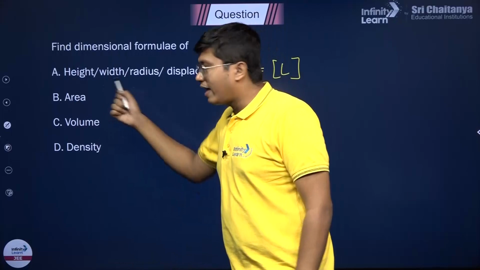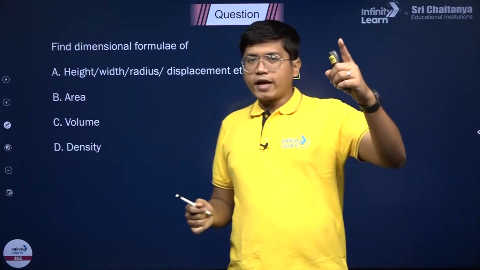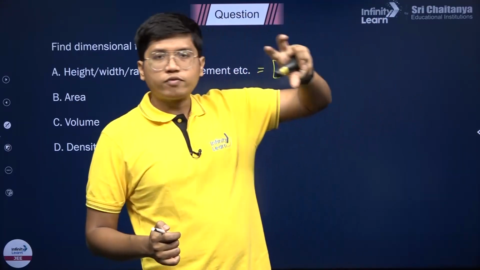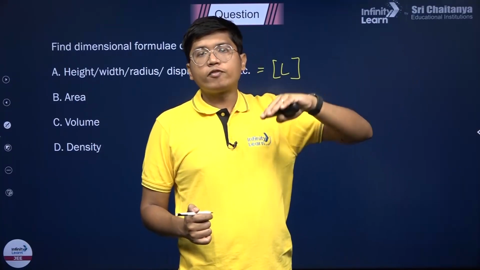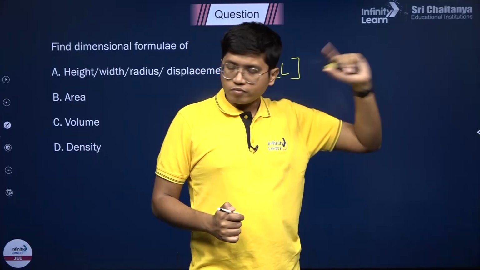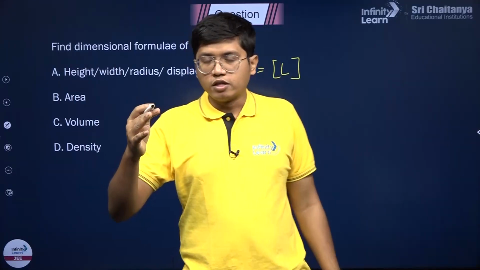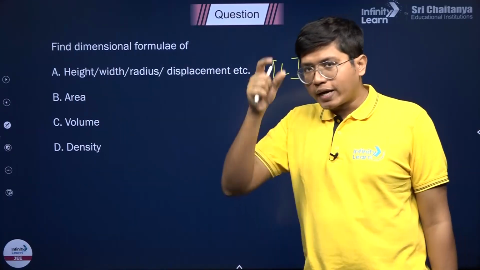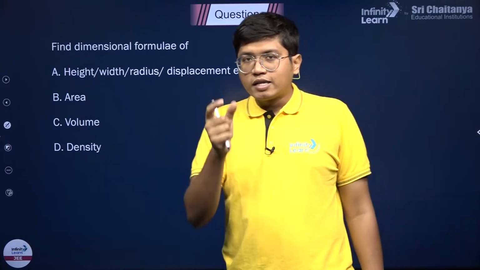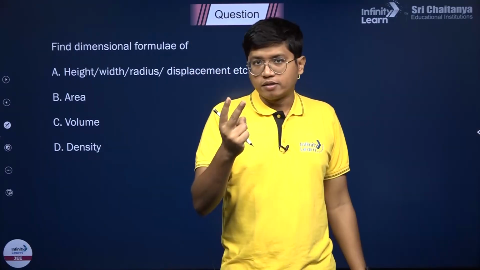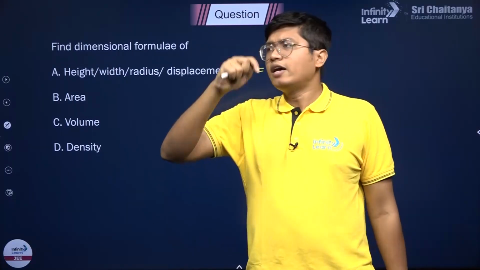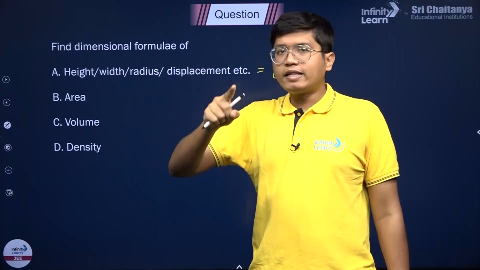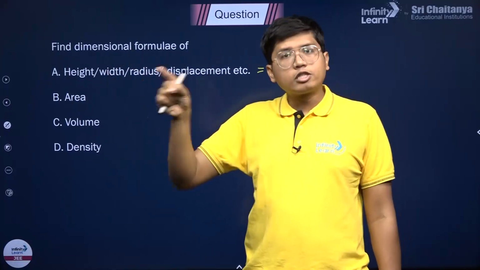Next up, we have area. Suppose you're thinking of the area of a square. The formula is side squared. Even the area of a circle is pi r squared. Everywhere there's that r squared or a squared, which means a length squared. For a rectangle, length into breadth, which is also a length, so it's a length squared.